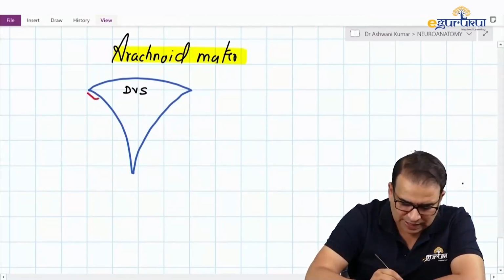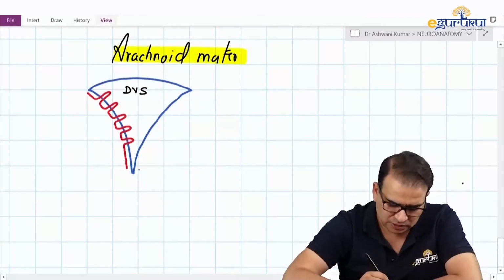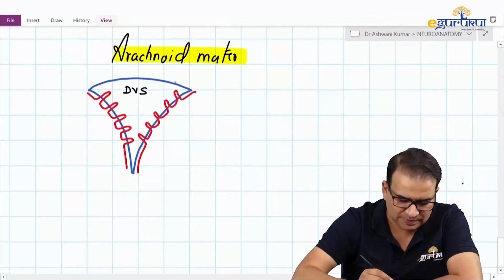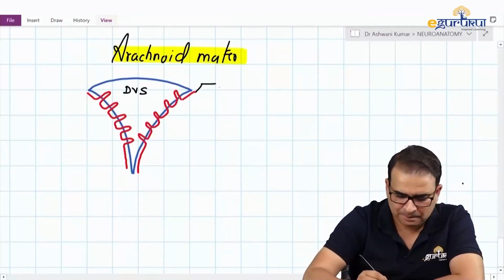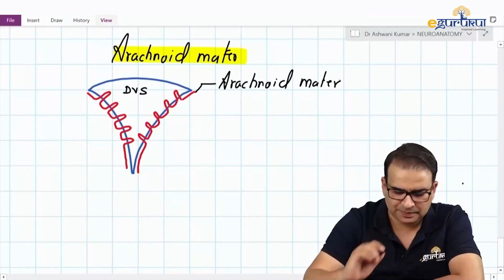Now you see that this arachnoid mater is sending extensions inside the dural venous sinuses, which you will see throughout these sinuses. So yes, the deeper layer is arachnoid, but it sends extensions inside.